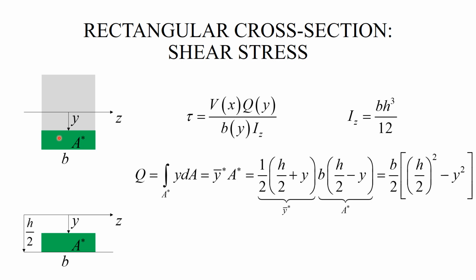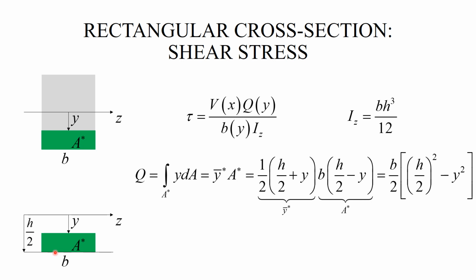Indeed, Q, the first moment of the area, could be calculated as the product of the coordinate of the centroid of A star times the area itself. And here's the calculation, which exploits the fact that the centroid of the green area could be computed as the average between the coordinates of the upper fiber with the coordinate y and the lower fiber with the coordinate h over 2.